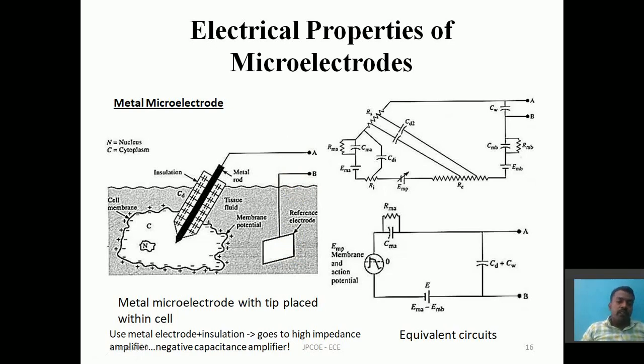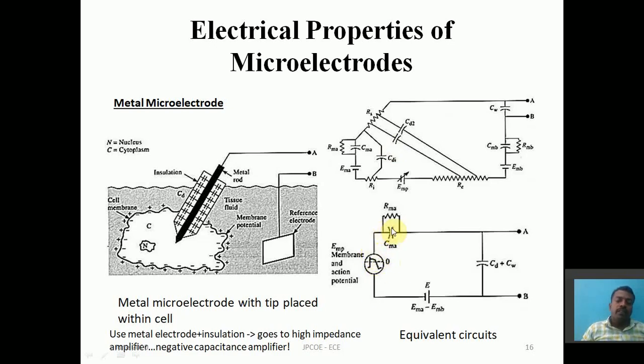Okay, right. Then this is the equivalent circuit. We have insulation, which is considered as a capacitance. Then this is the final equivalent circuit. Here we have the membrane action potential, which is considered as a voltage source.